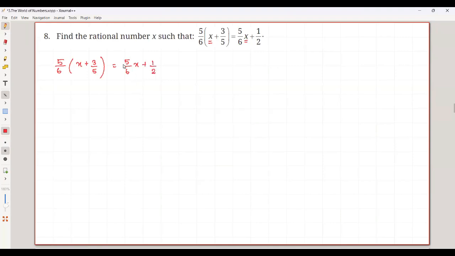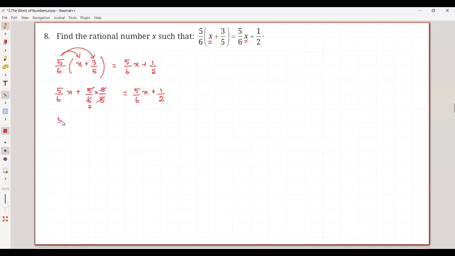First, I will solve both sides. How will you solve this? Multiply 5 by 6 with each term inside. 5 by 6 into x gives 5 by 6 x, plus 5 by 6 into 3 by 5. Here you can simplify: 5 gets cancelled, 1 3s are 3, 2 3s are 6.